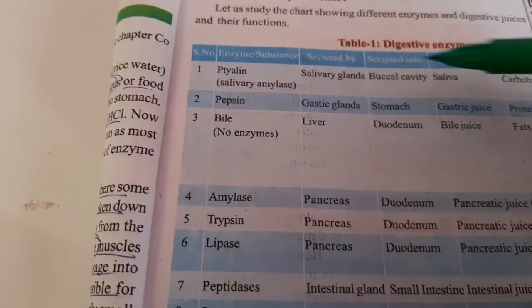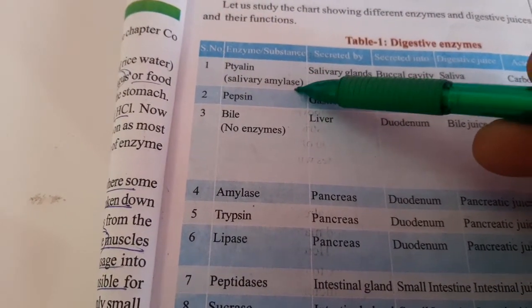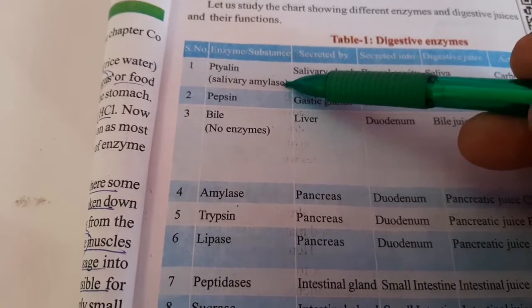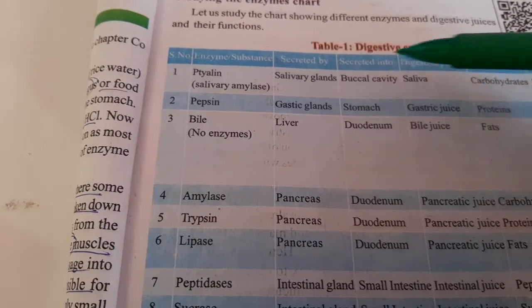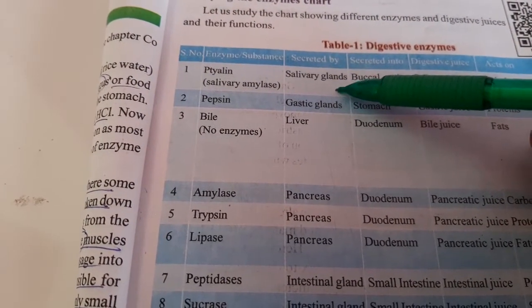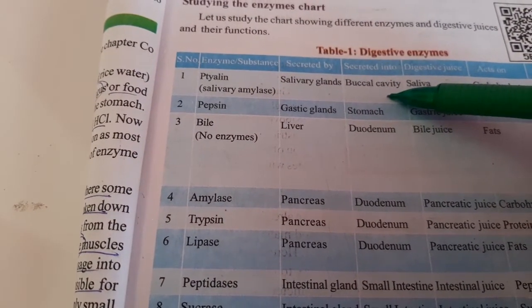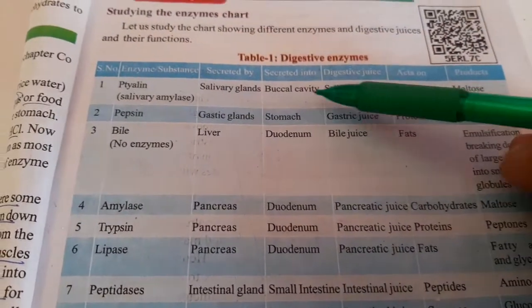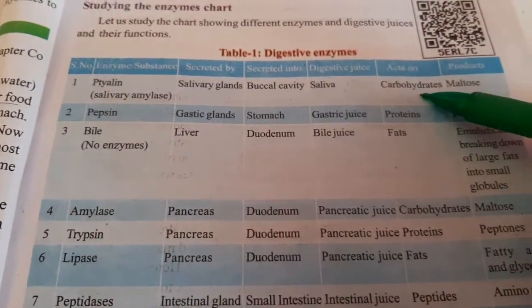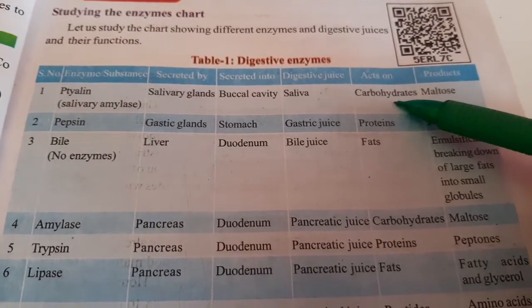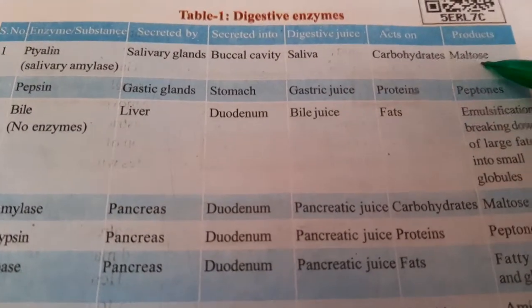So ptyalin enzyme, it is also called salivary amylase. It is present in saliva. Saliva is produced by salivary glands. Salivary glands located in buccal cavity. So this ptyalin enzyme acts on carbohydrates and converts the carbohydrates into maltose.